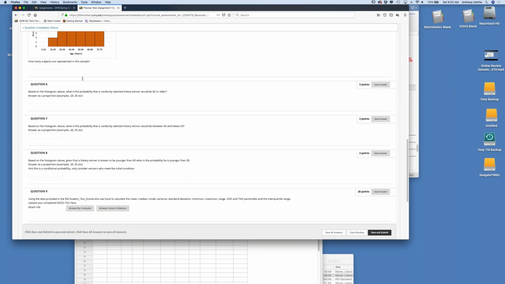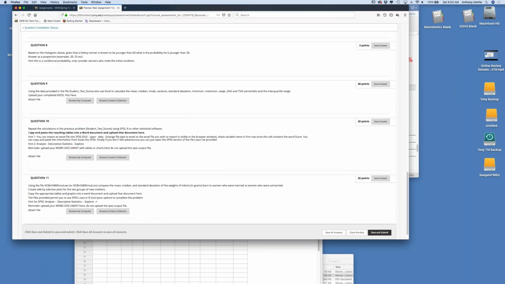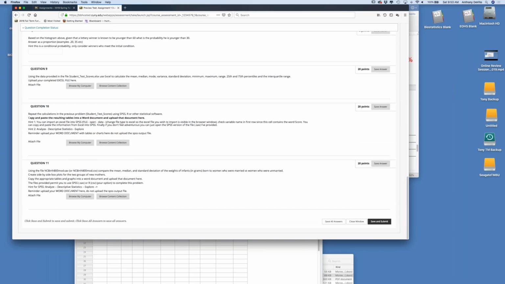So yeah, you'll see some problems like that. I'm not sure there'll be anything on SPSS, although there may be things where you can use the function in Excel or use SPSS on computers there to do certain calculations. Like, for instance, given a data set, you might be asked to calculate the mean, the median, the interquartile range, and so on and so forth.